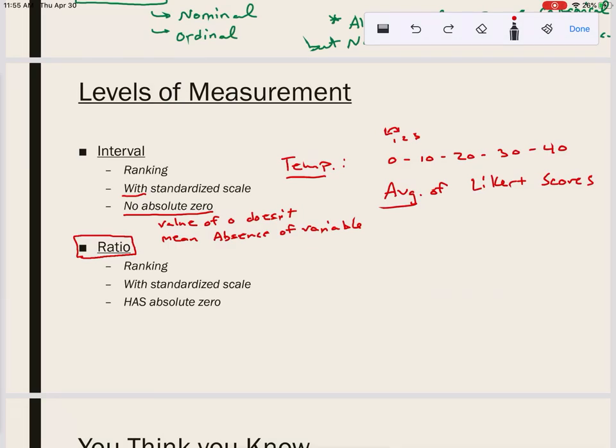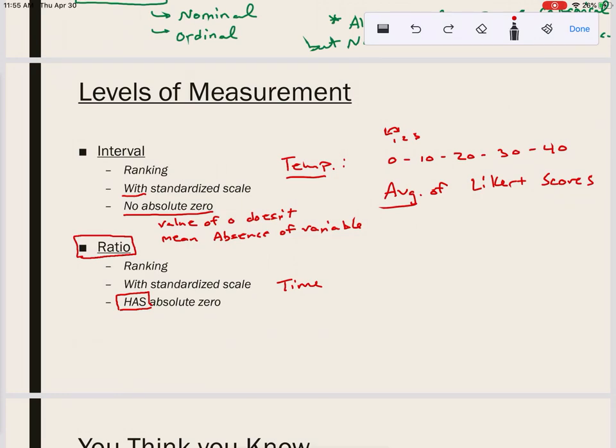Okay, by far maybe the most common, particularly in physiological data, ratio is a very common level of measurement. In a ratio level of measurement, it is the most specific we can get. There's ranking with the standardized scale, and now it has an absolute 0. Time.